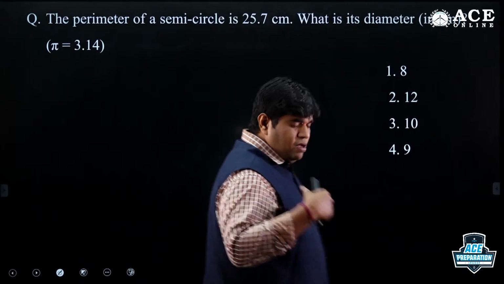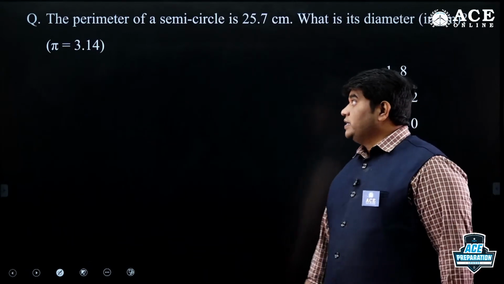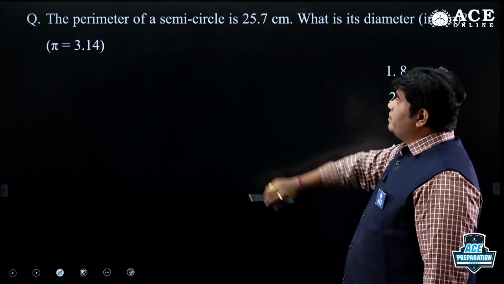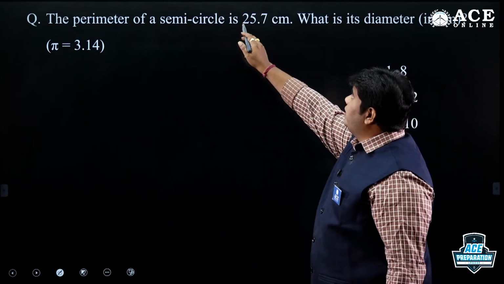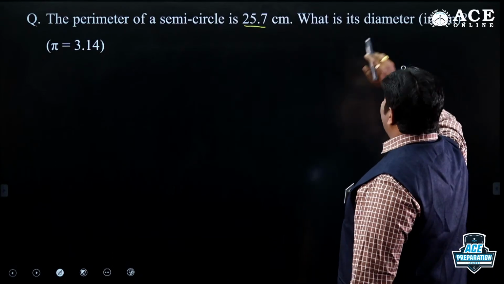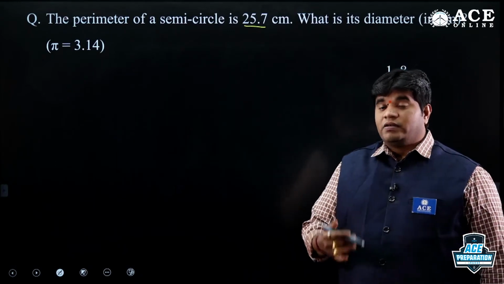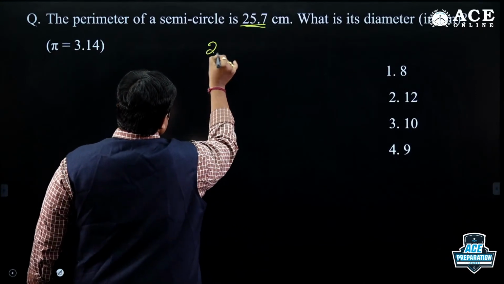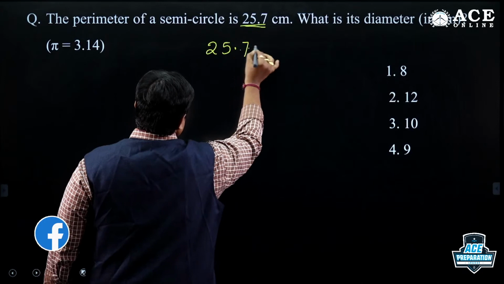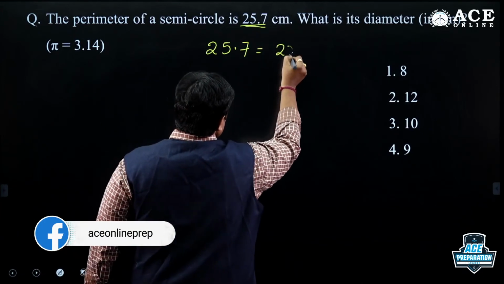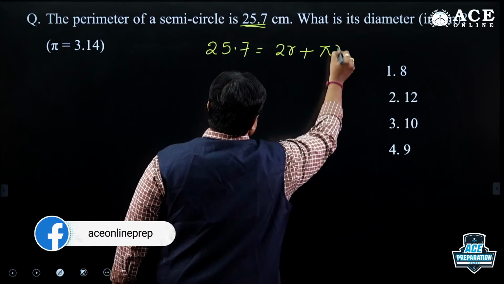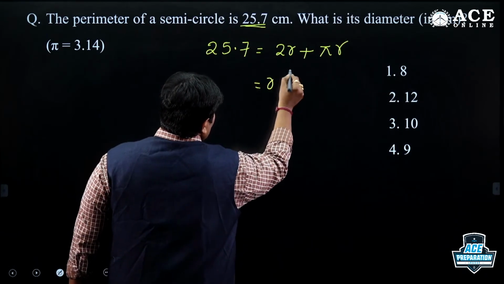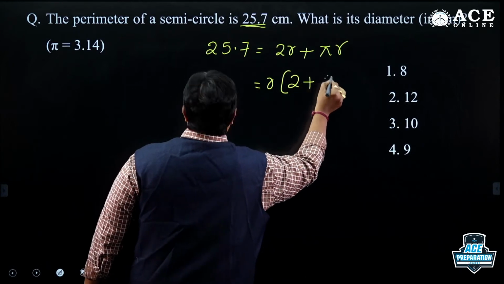Okay, next, friends. Here, last year SSC bit. The perimeter of the semicircle is 25.7 centimeter. What is its diameter? They are asking for the diameter, D value. So what is the given perimeter? Perimeter 25.7 is 2R plus pi R. So R is common: R into (2 plus pi), and they mentioned pi as 3.14.